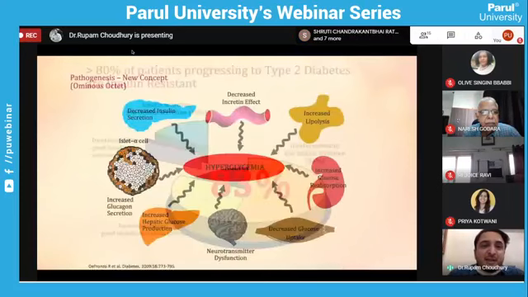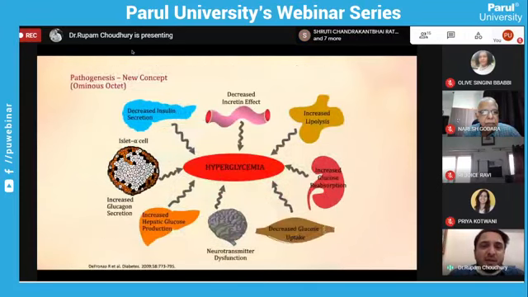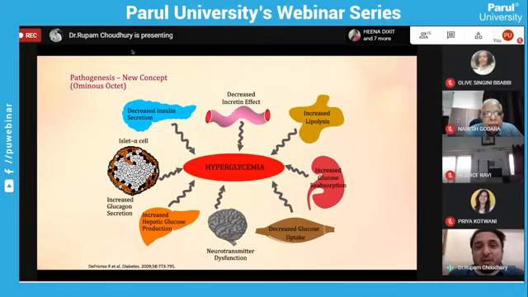Very important slide. Earlier we thought that there were only 2-3 defects of diabetes, but in 2009, Dr. DeFronzo, who is also known as the father of modern diabetes, postulated this pathogenesis octet, also known as the ominous octet. As you can see here, the pathophysiologies are: decreased insulin secretion, the blue one, we learned about that. Decreased incretin effect.